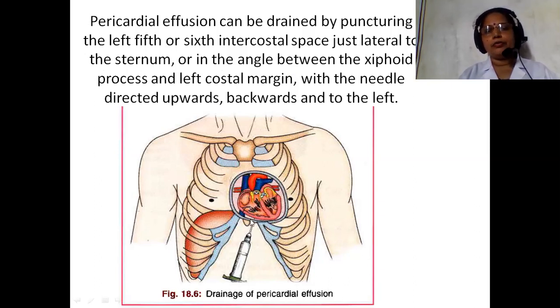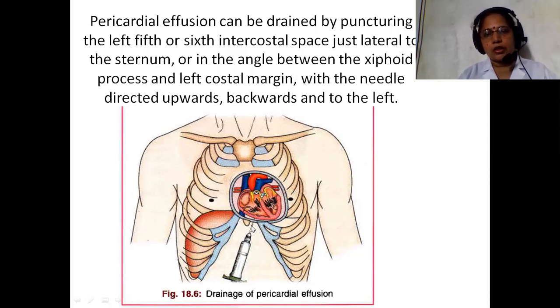The pericardial effusion can be drained by puncturing the left fifth intercostal space. देखो ये जो space है, left fifth और sixth, 1 2 3 4 फिफ्थ, लेकिन स्पेस को आपको काउंट करना है, 1 2 3 4 5, तो ये फिफ्थ और सिक्स्थ इंटरकॉस्टल स्पेस पेरिकार्डियल इफ्यूजन ड्रेन करने के लिए यूज किया जाता है, left fifth or sixth intercostal space just lateral to the sternum.